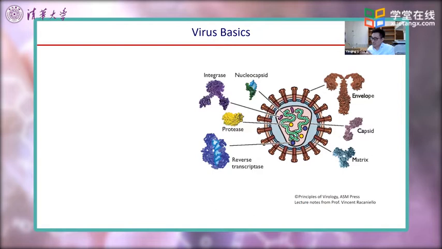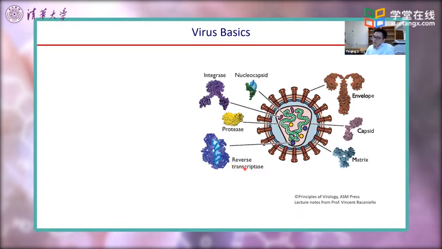And inside the shell, some viruses also carry other enzymatic proteins, such as integrase, as well as some proteases or transcriptases. And those are for the amplification of their genetic materials and for their proliferation.